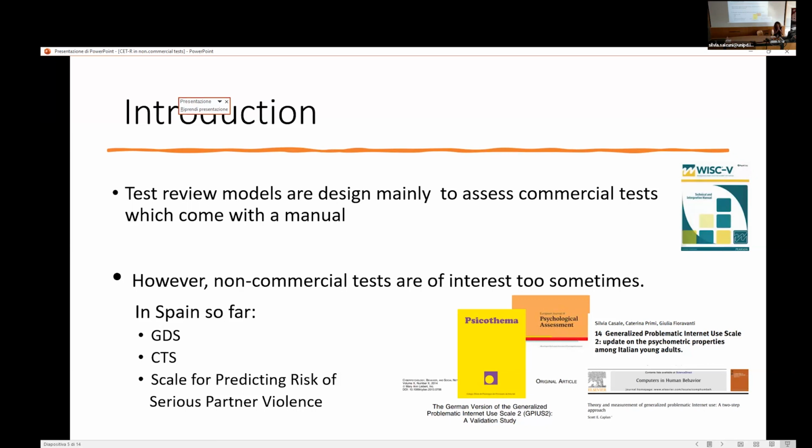So in Spain, we started analyzing some of these tests, and normally it's because of the importance of the decisions that are made with those tests. For example, the scale for predicting risk of serious partner violence was used in public administration services by police, etc. We got the request to analyze the test to see whether it would be good to use it or not.